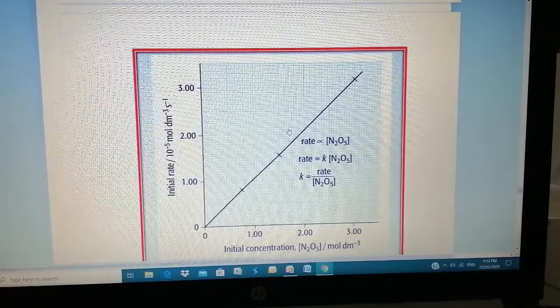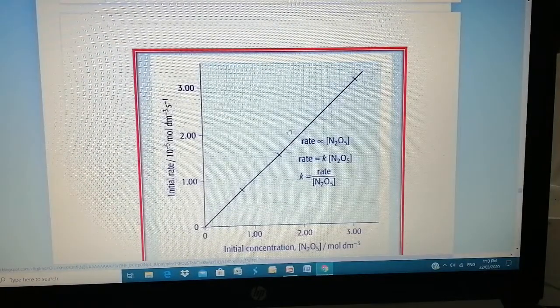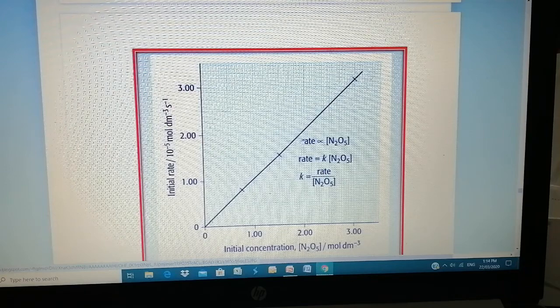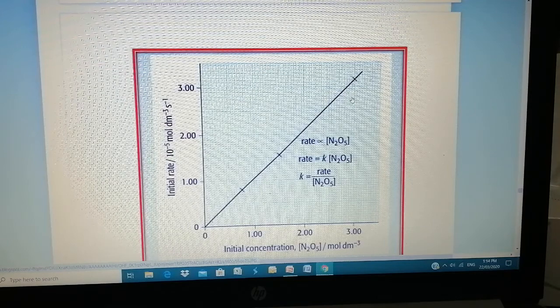You can see here, when we are plotting the graph, they have taken the rate here and the concentration of N2O5 on the x-axis. When you plot the graph, you will get a straight line starting from the origin. So this shape is identical to the shape of a first order reaction. So how do we write the rate?